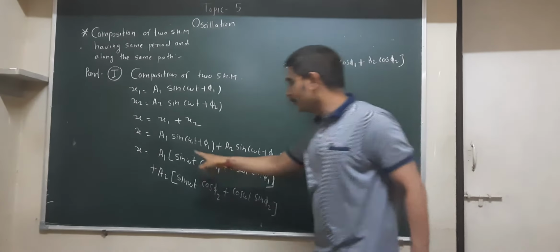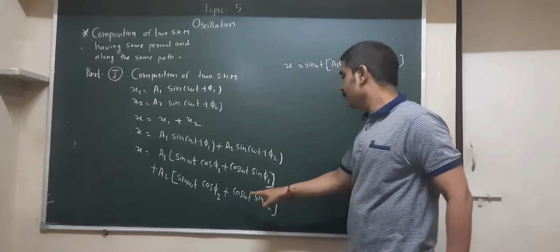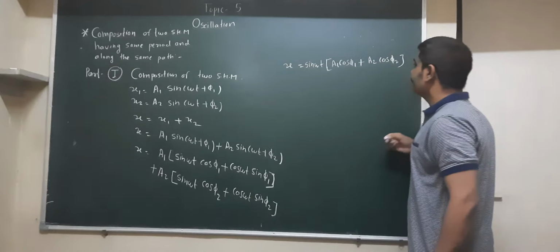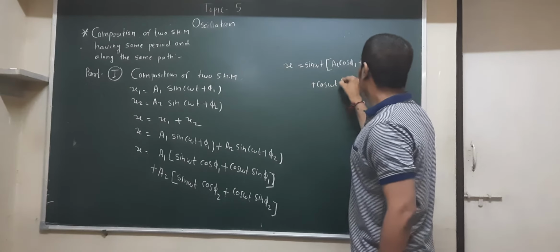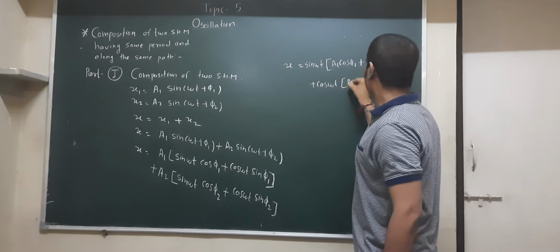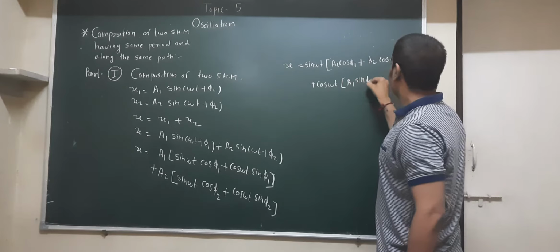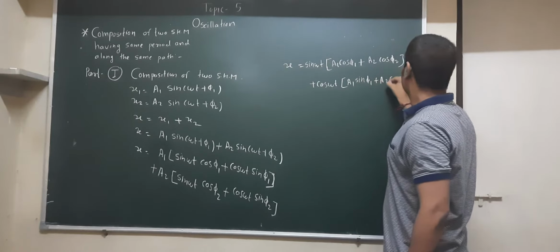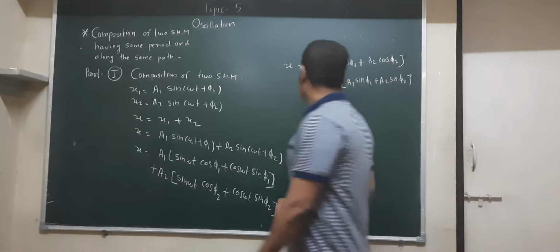You can observe that sin omega t is common. Now take cos omega t as common. So plus cos omega t into the bracket a1 sin phi 1 plus a2 sin phi 2. So this is a part here.